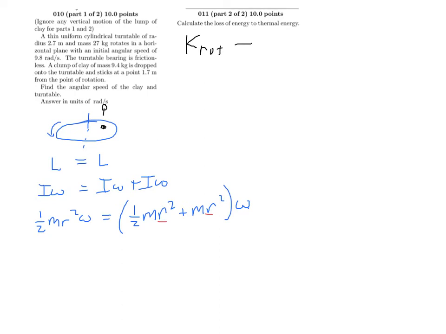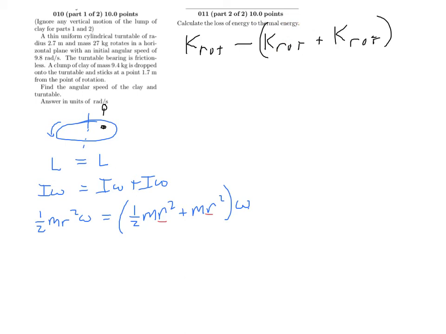So I'm going to subtract my kinetic energy of rotation afterwards, and also, I'll put this in parentheses, my kinetic energy of the rotation of the mass that's dropped, the clay that's dropped. So this is my energy beforehand, and this is where my energy is after. I should expect this to be lost because it says calculate the loss of energy.